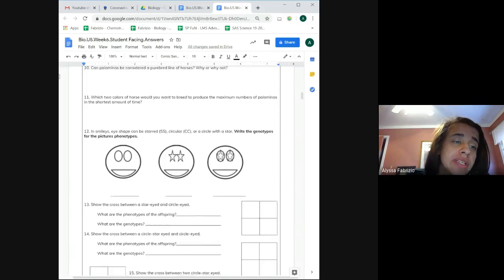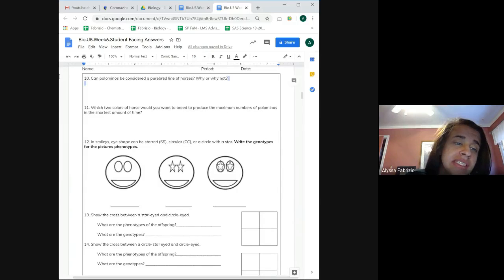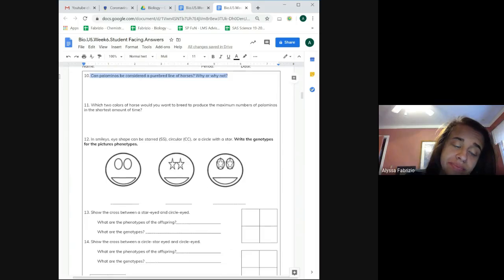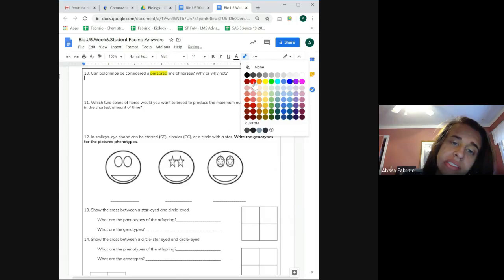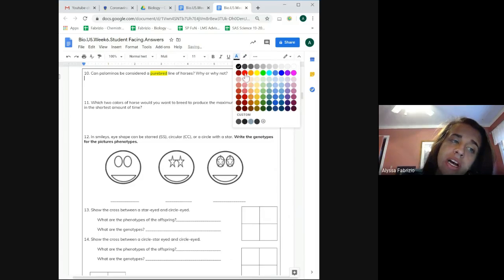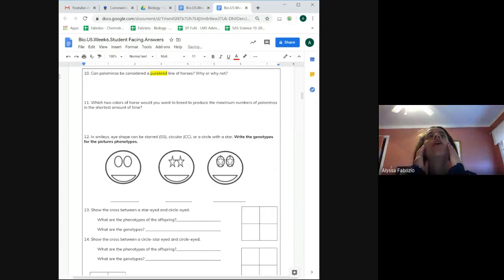So let's go with, can Palominos be considered a purebred line of horses? Why or why not? So we have to have an understanding of what purebred means. Purebred meaning that the horses are only mated with the same type of horses, basically.